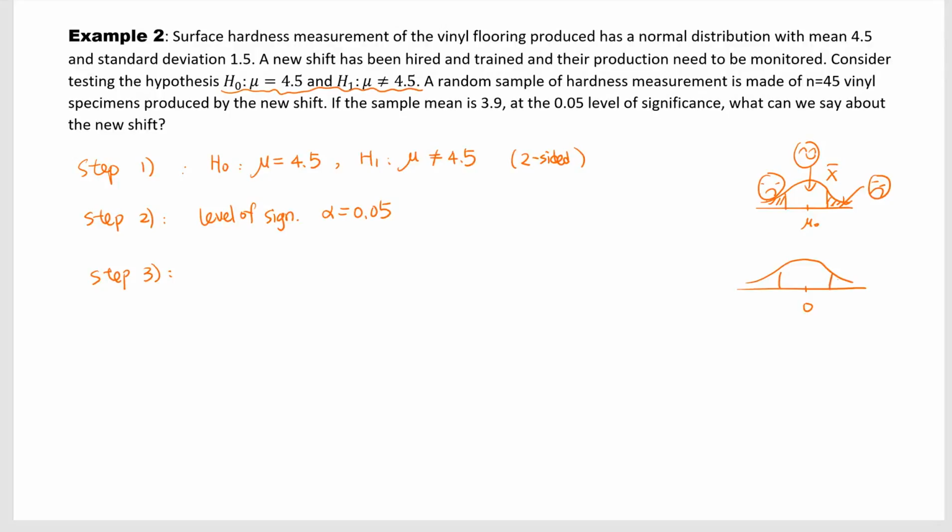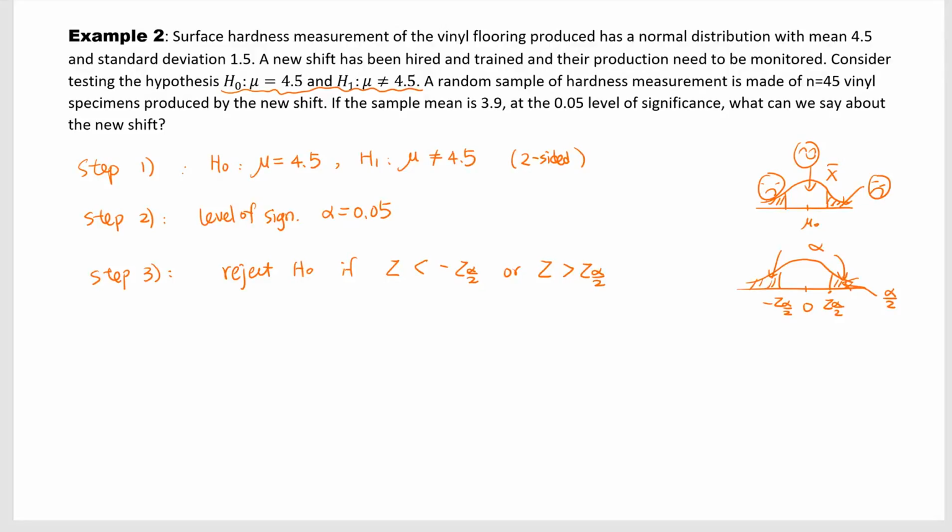And the area of the reject region is alpha. So this is alpha over 2, then this is z alpha over 2, and this is minus z alpha over 2. So we reject the null hypothesis if z is less than minus z alpha over 2, or z is greater than z alpha over 2.